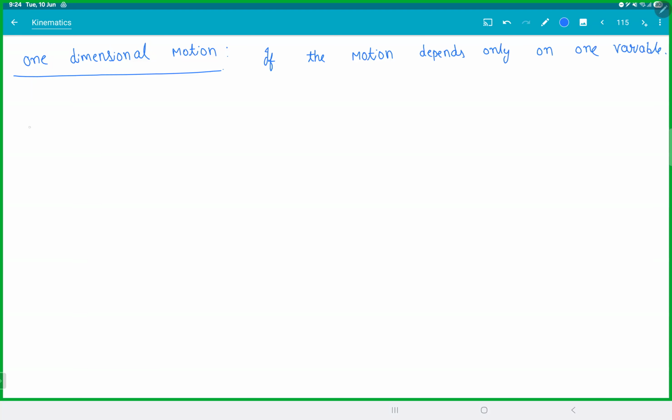Then what is two-dimensional motion? The motion depends on two independent variables.